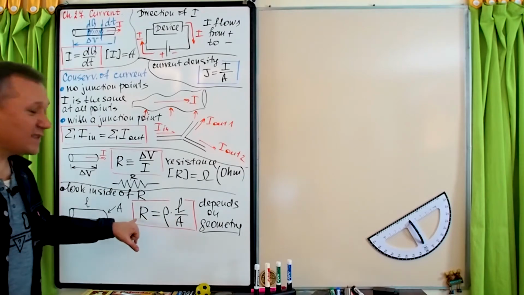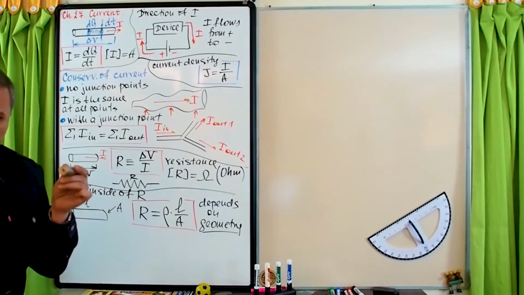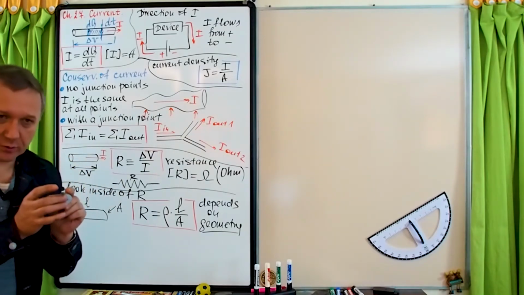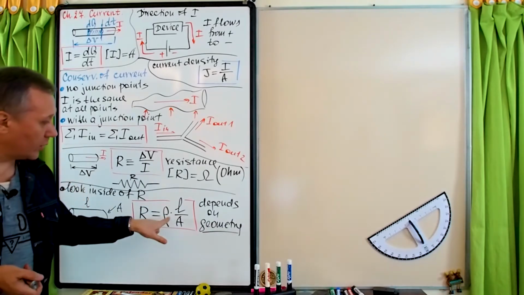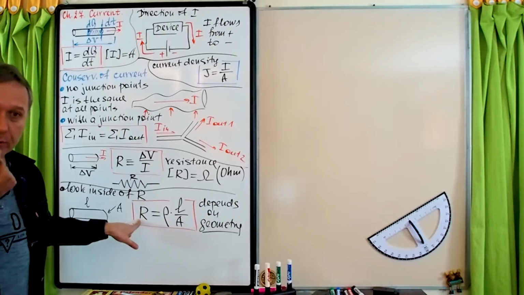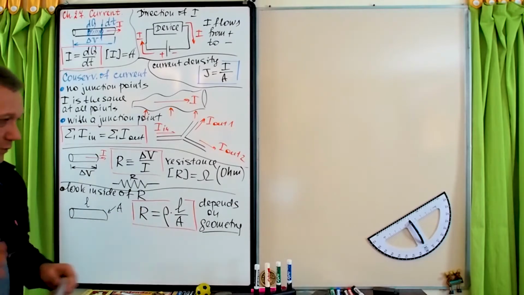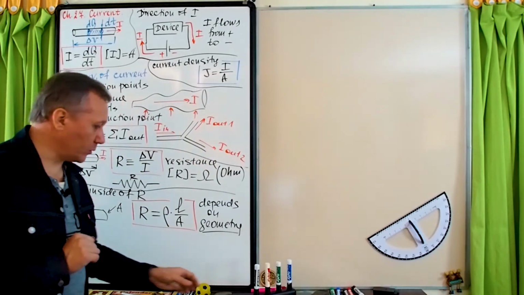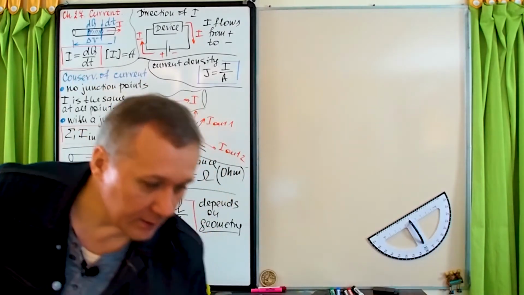Resistance is a property of an object, of a conductor, of a resistor, which has a certain geometry and is made out of a certain material. Again, rho, resistivity, is a property of a material; resistance is a property of an object, of a resistor. So don't be confused with these two different quantities. Okay, so that's what I wanted to review, and now a few problems.